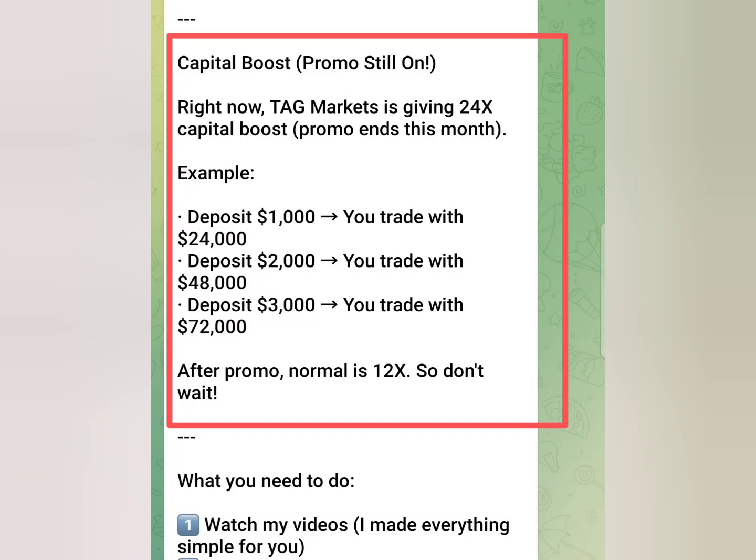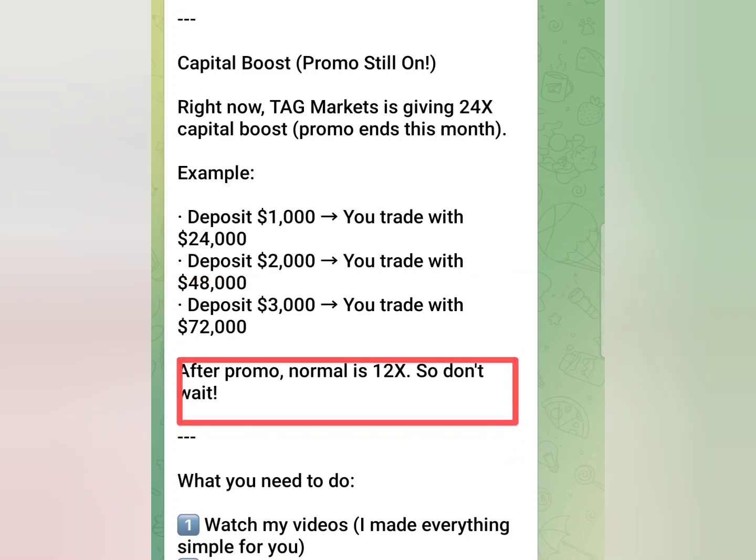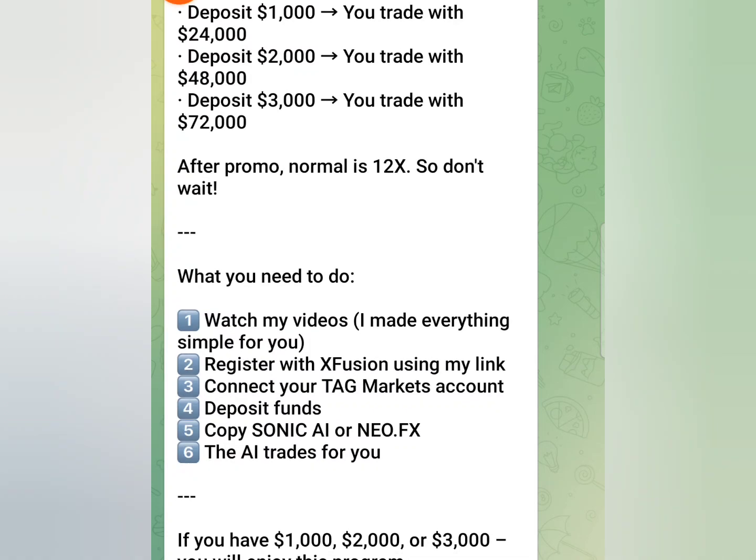The promo is still running, so you can still get it. At the end of the promo, they normally give just 12x of your capital, to boost your trading journey. That is what Tag Markets is doing.